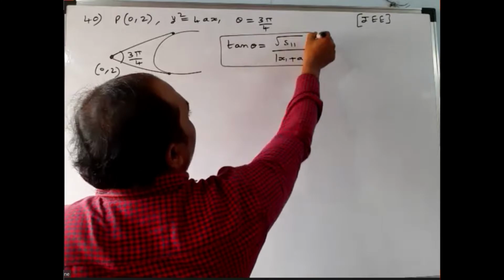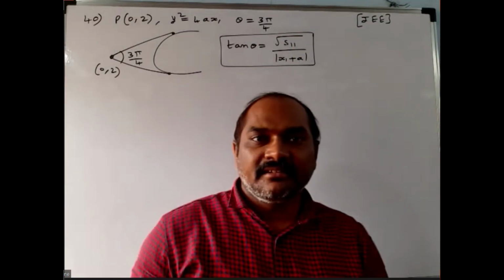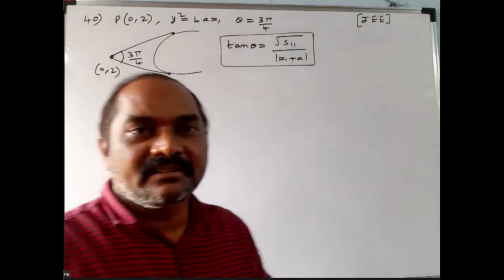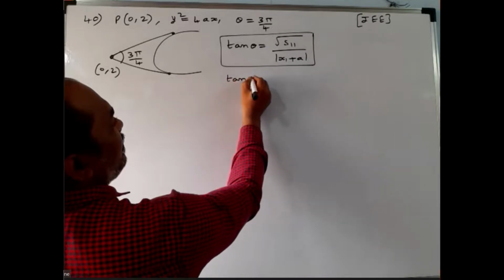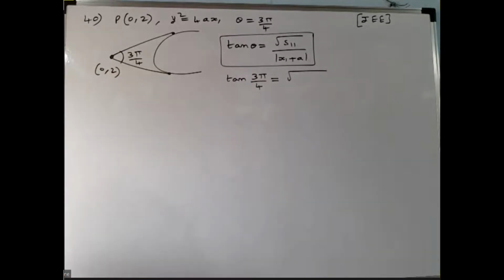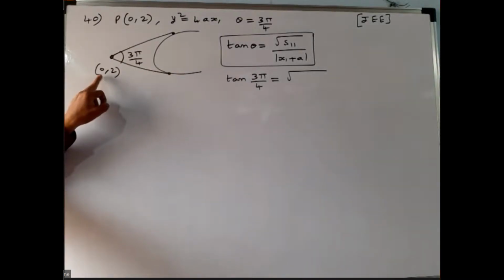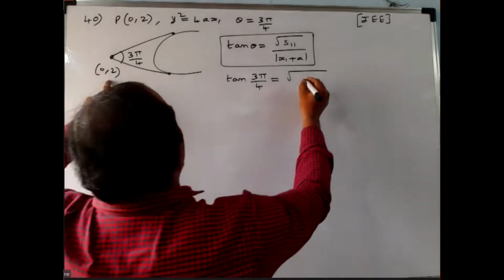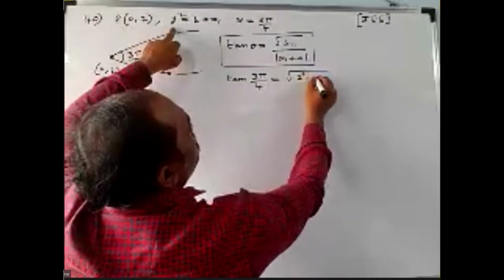Angle between the tangents. What about the theta value here? What is the theta value here? 3 pi by 4. Root S11. What about S11? S11, where that is 2 square minus 4a into 0 by 1.